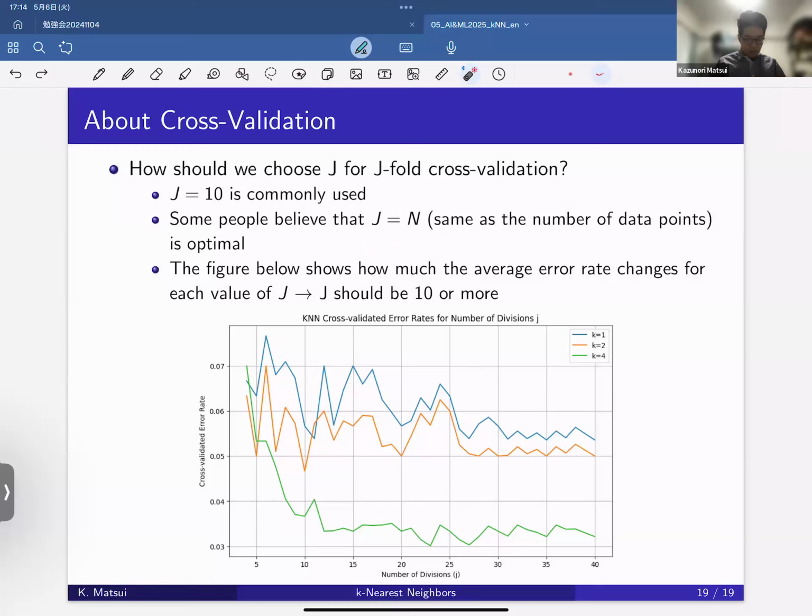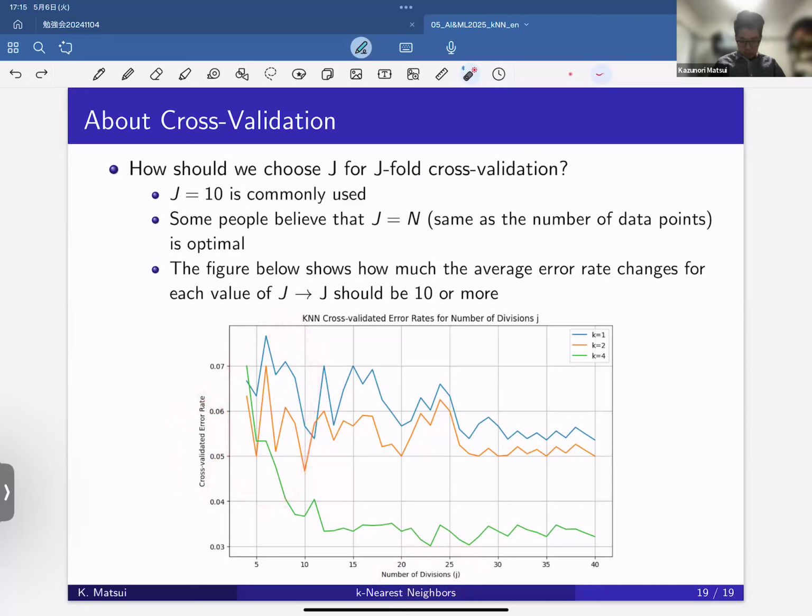This figure shows how the average error rate changes with different values of J. The horizontal axis is J, and the vertical axis is average error rate. When J is small, the average error rate for different k values varies widely.